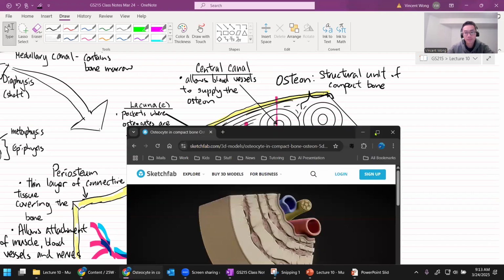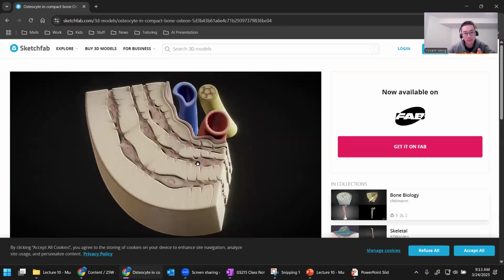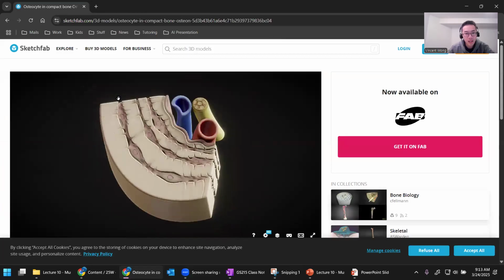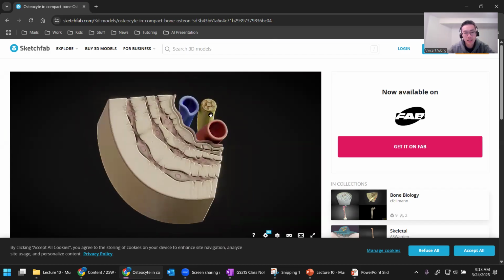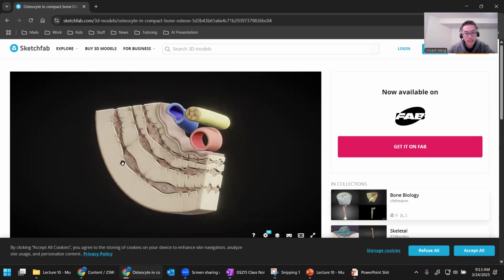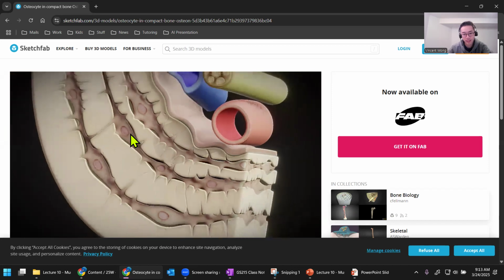Here, let me show you. This, guys, is an osteon that has been cut open. So that's the osteon, and in the center is where you would have your central canal with the blood vessels coming in. And the yellow thing is the nerve, which we didn't draw. And you can see all these rings that we drew. That's a pocket, the lacuna that we just drew, and within the lacuna is where you will find the osteocytes.